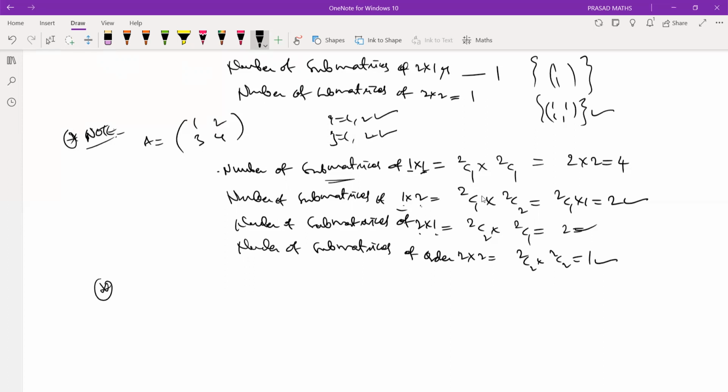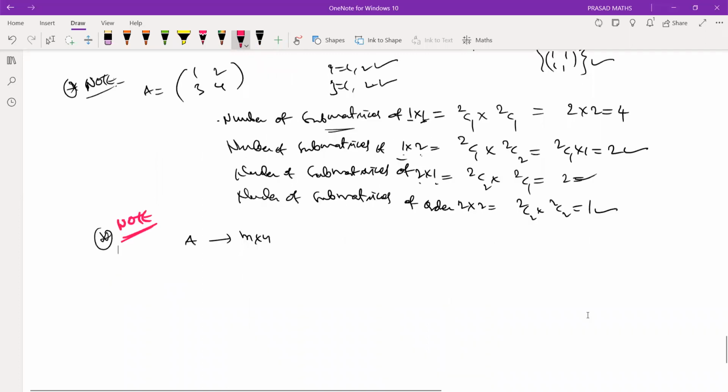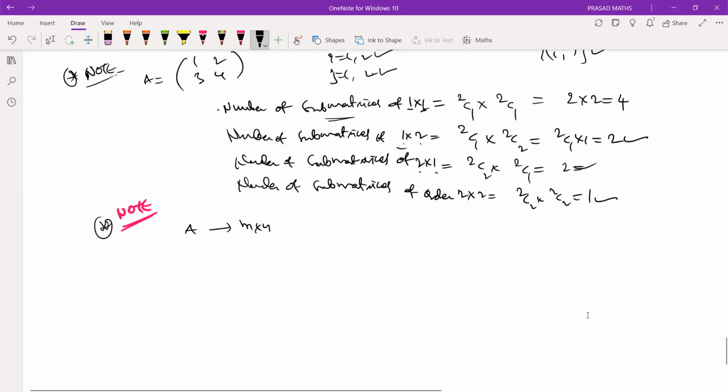suppose A is an M by N matrix, right? This is my notes.